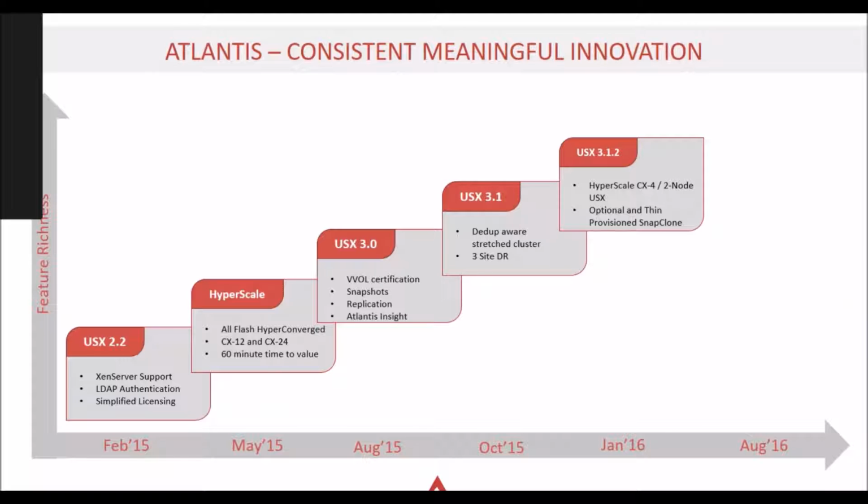Adding hyperscale as an appliance, delivering USX 3.0 with Vivo, with replication, with Atlantis Insights. USX 3.1 with DDP-aware stretch cluster, remote office, branch office, and also a lot of technology details and interesting things under the cover.